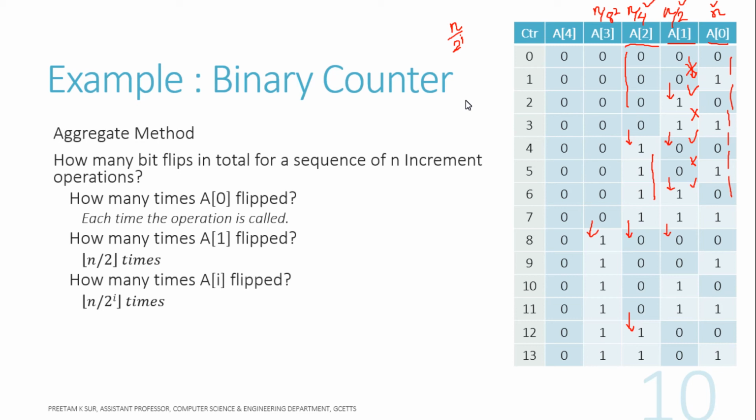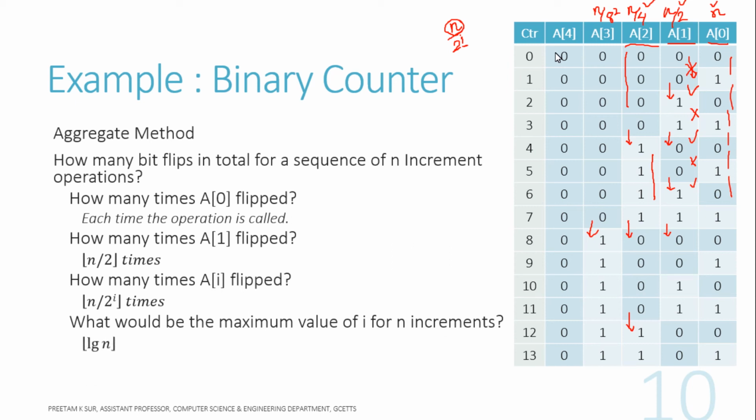Now since we have generalized it, what we have to find out is the value of i for the n calls. Got my point? So what will be the maximum value of i for the n increment calls? It is going to be log of n, right?